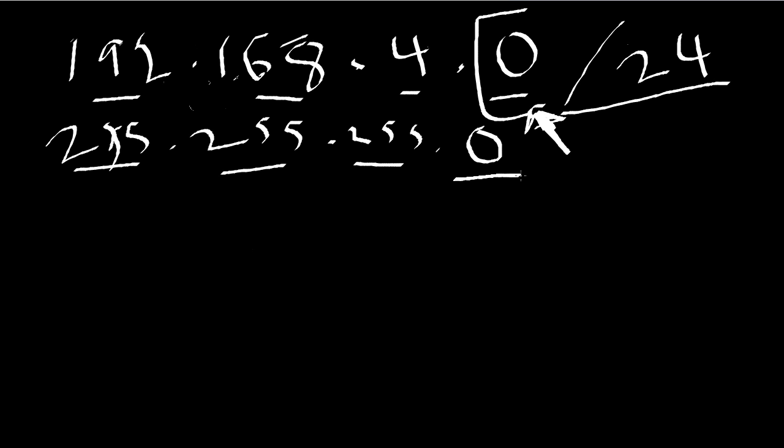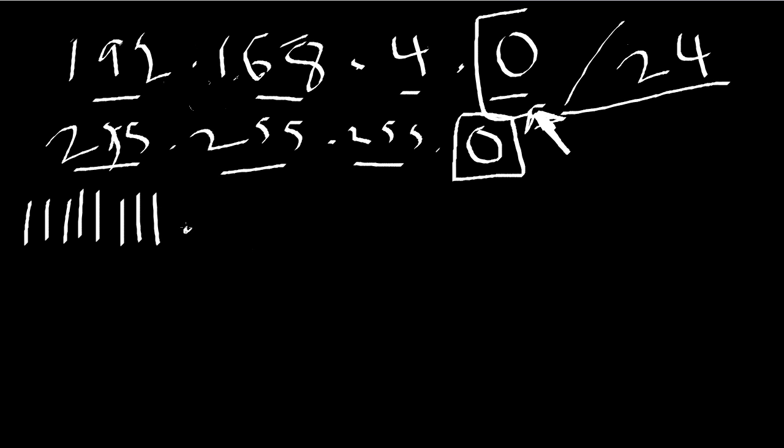Now this is where the subnetting takes place, right? This is what you really have to work with. So let me just give you a graphical representation. If we are talking about 8 bits, this is it. 1, 2, 3, 4, 5, 6, 7, 8.